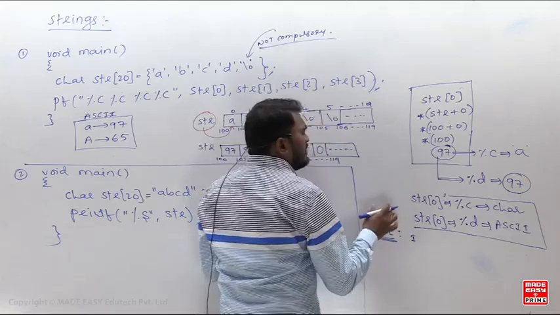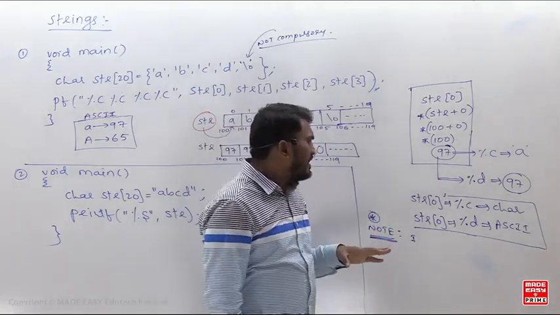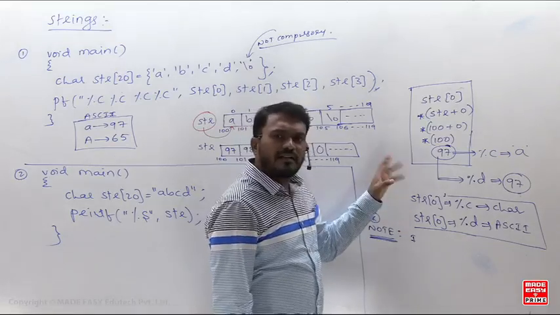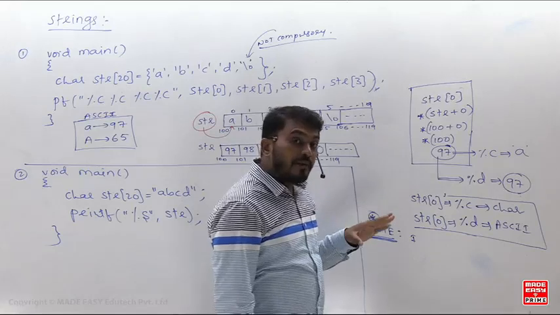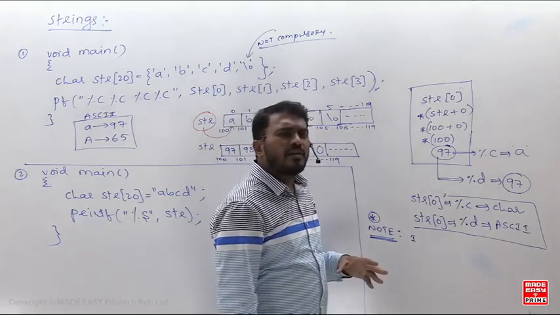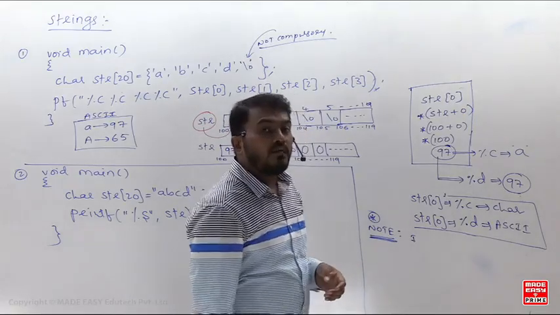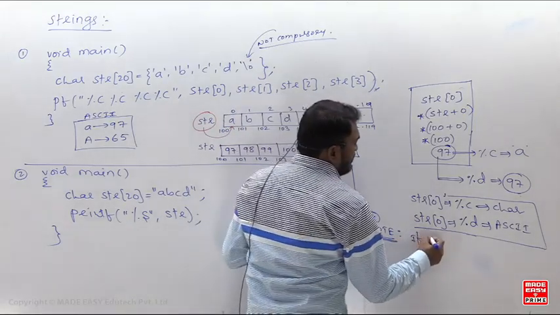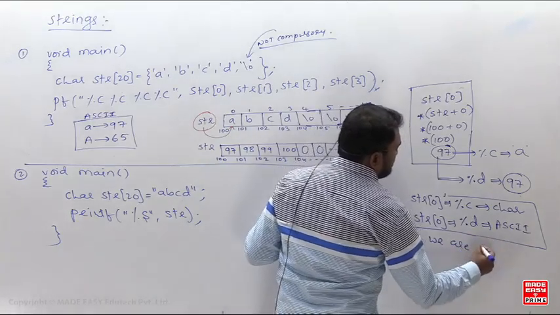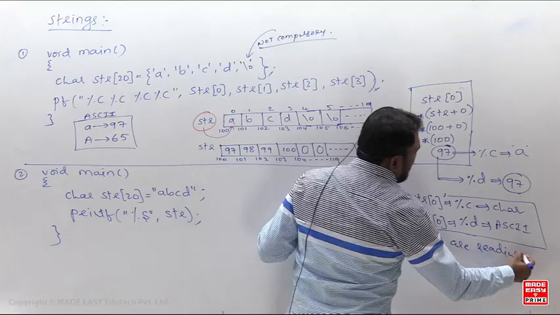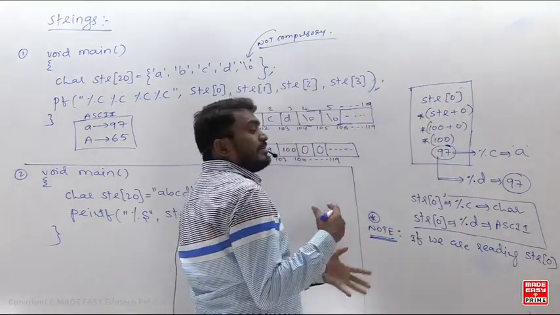Listen here. Printing the value is fully clear: with %c the character, with %d the ASCII value. Now remember, I am not printing the character. We are reading str[0]. Then what do you have to consider? I am writing here: if we are reading str[0], I am not printing.